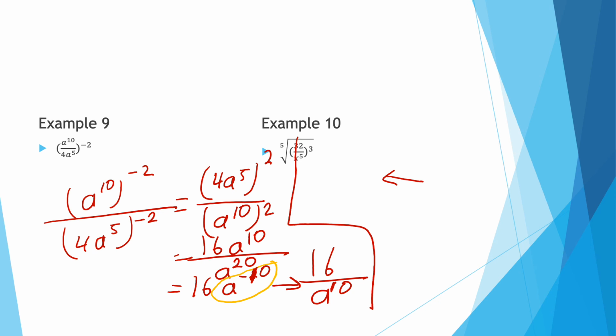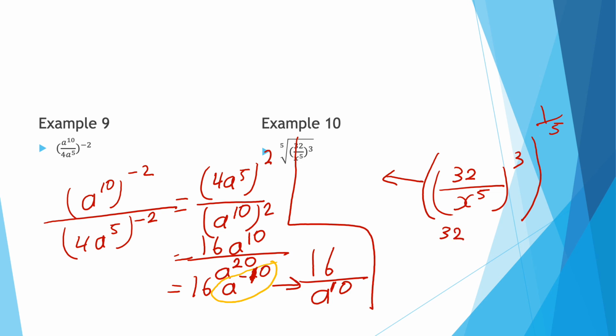So I'm going to rewrite this in power or indices format. So all to the power of 1/5. Now I can start expanding. So I'll do the first brackets here, so I'll multiply those two together. All to the power of 3 over 5.